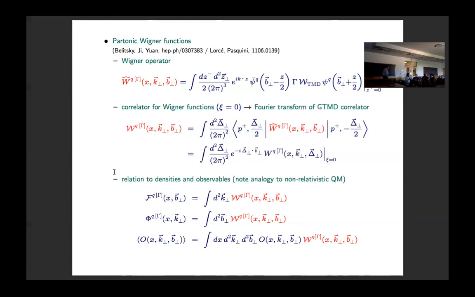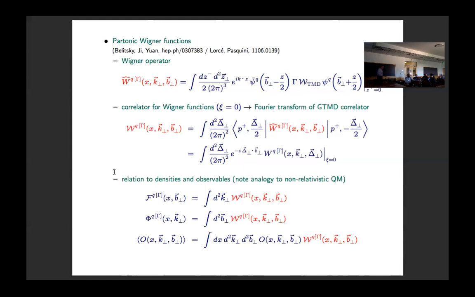I'm just saying that if you introduce the z direction, the position, then the interpretation only makes sense in limited cases. The most general thing would be to have transverse and then space-time rapidity.